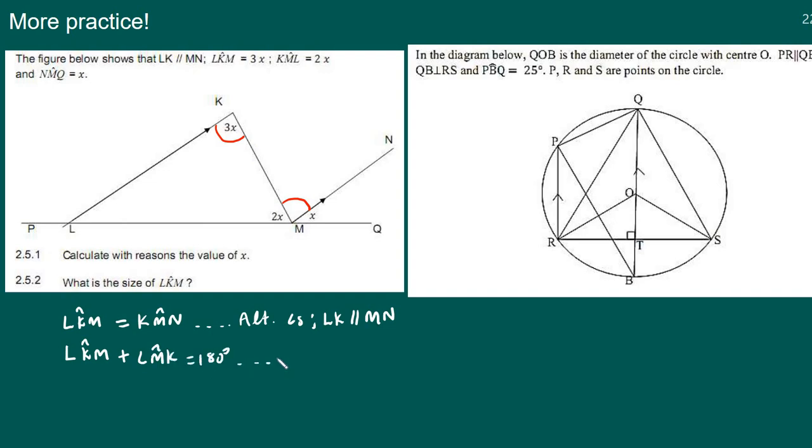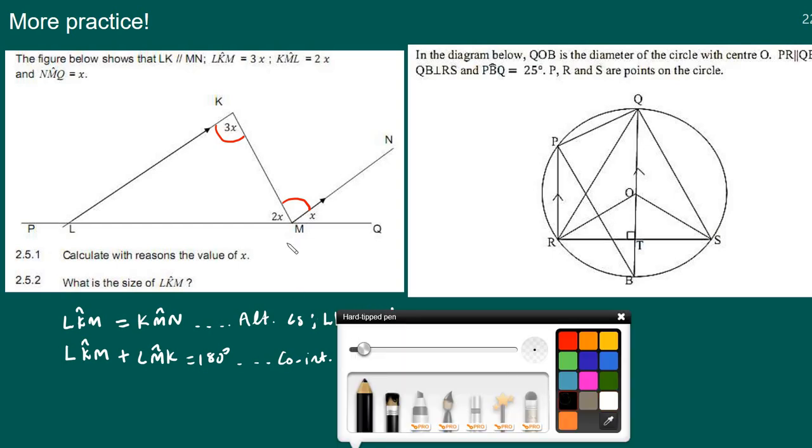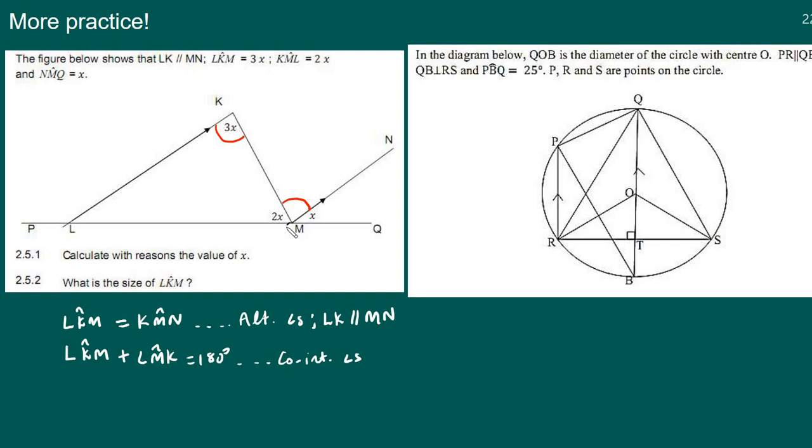What's your reason there? I think it's co-interior angles. Are they co-interior angles? Do they form a U shape? When you extend the line MN, it's going to be a U shape looking downwards.